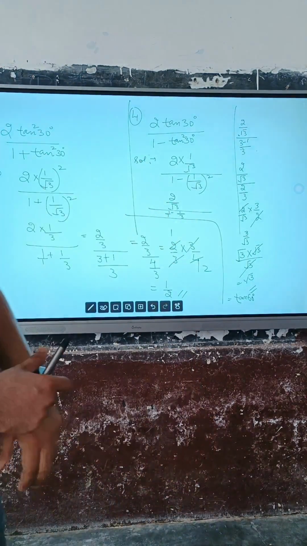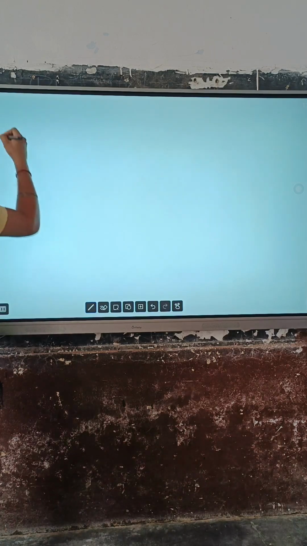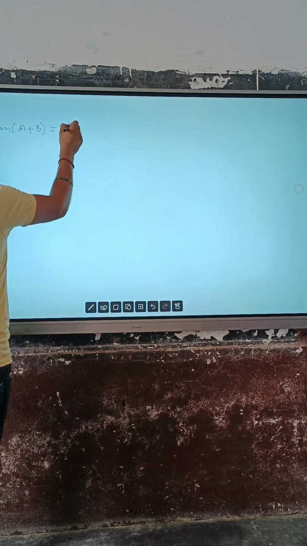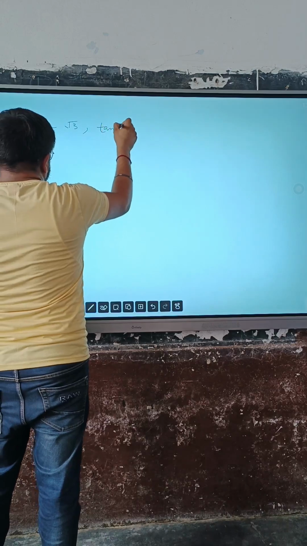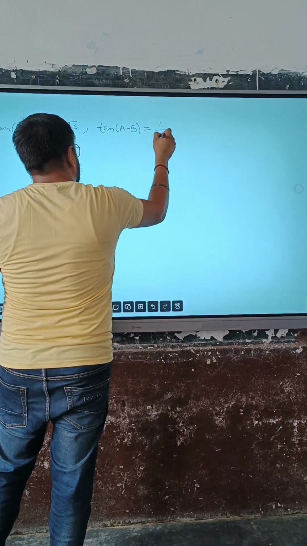Now the next question is very important. We have to find the value of a and b. Tan of a plus b is equal to root 3, and tan of a minus b is equal to 1 by root 3.